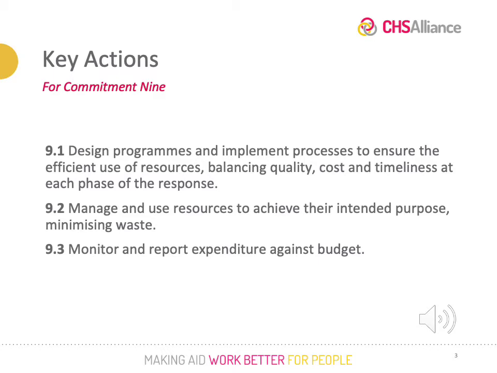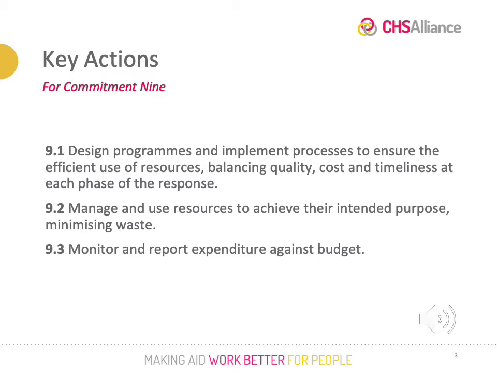Key Action 9.2 is to manage and use resources to achieve their intended purpose, minimizing waste. This key action also highlights how value for money and the use of resources is monitored, reported, and communicated to program management. Program plans need to indicate how resources will be used.